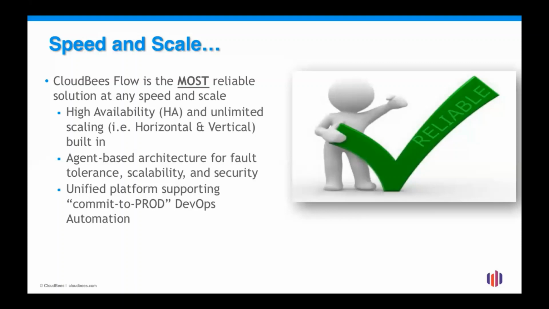For those companies who do not have the same security needs or fault tolerance needs, we can also work without agents, directly with the operating system capabilities like SSH or WMI, but we strongly rely on the security and fault tolerance of the agents in order to implement that complete process, unified, commit to prod DevOps automation.